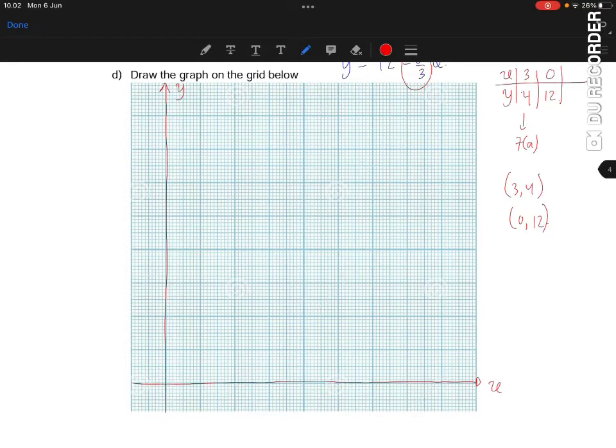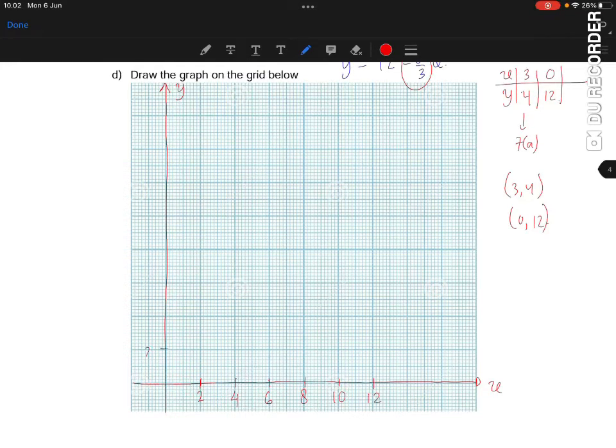Look, we only have how many squares here? 1, 2, 3, 4, 5, 6. Okay, it doesn't fit this graph, yeah. So it's better for us to make it 2, 4, 6, 8, 10, 12.